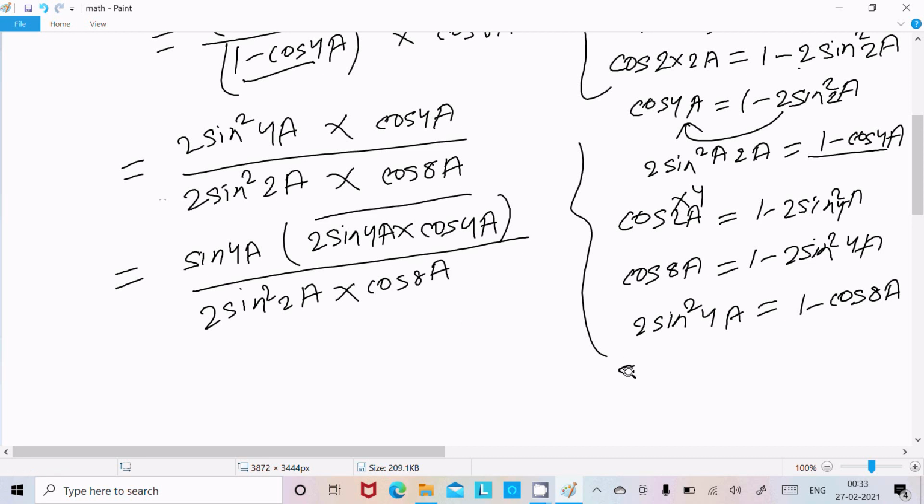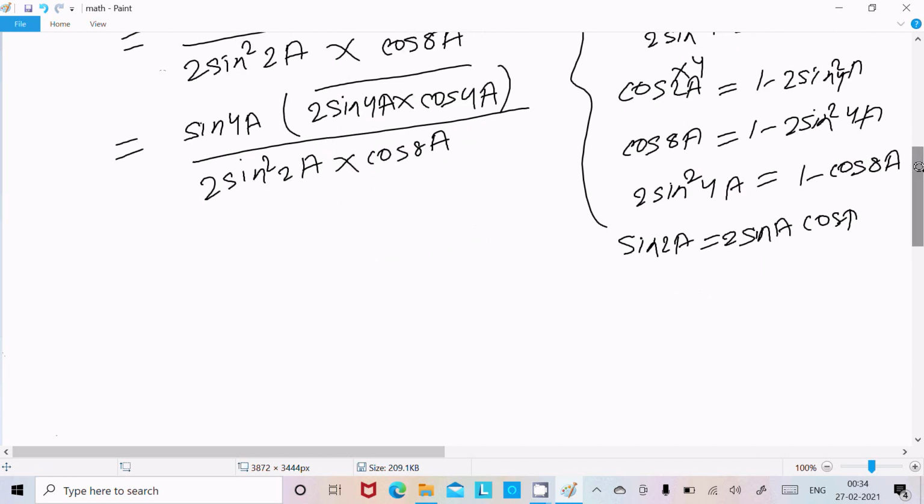Now we know that sin 2A equals 2 sin A into cos A. The same with 4A: if I multiply this by 4, it becomes sin 8A.